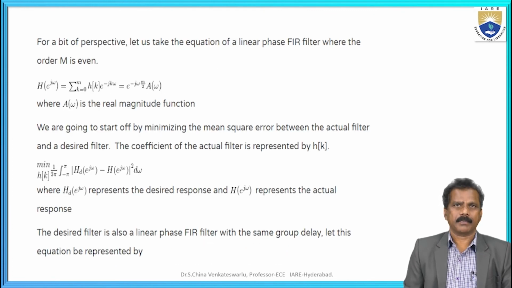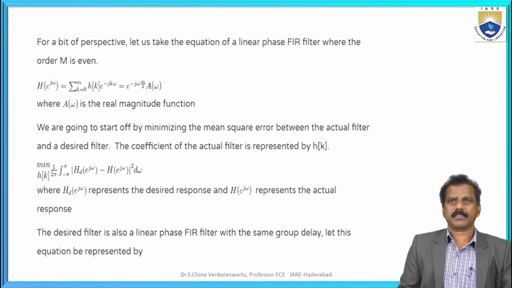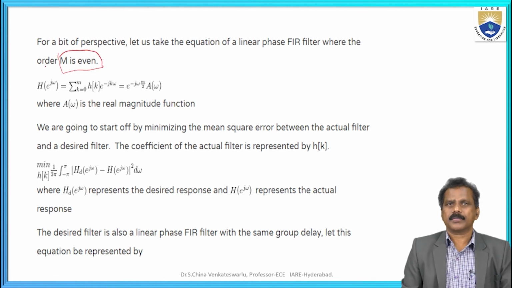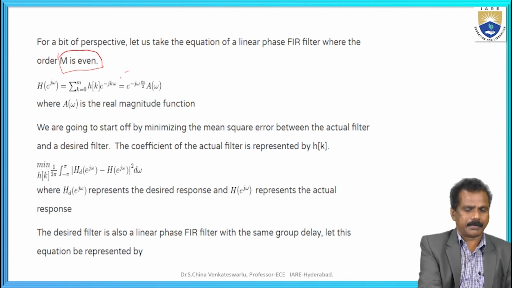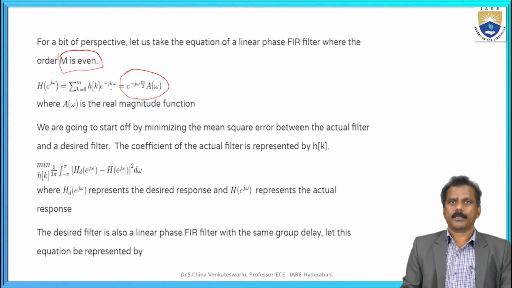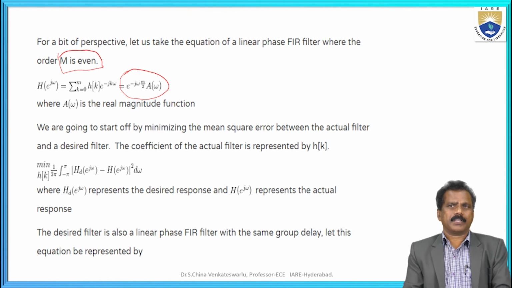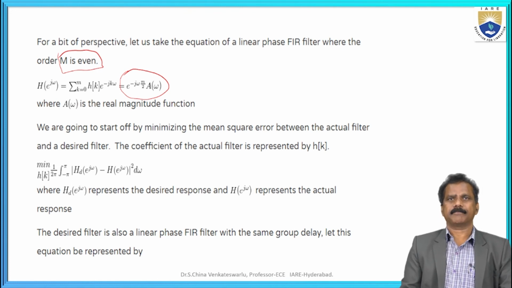For a bit of perspective, let us take the equation of the linear phase FIR filter, where the order M is even. H of e power j omega is equal to the summation k equal to 0 to M of h of k e power minus j k omega, which is also equal to e power minus j omega M by 2 into A of omega, where A of omega is the real magnitude function. We start by minimizing the mean square error between the actual filter and the desired filter.